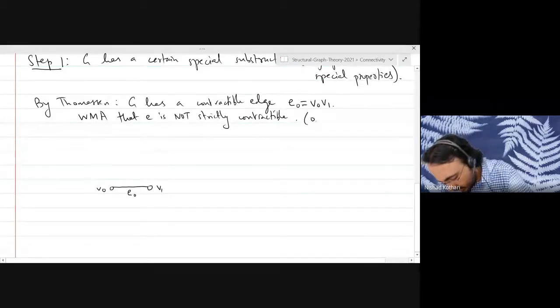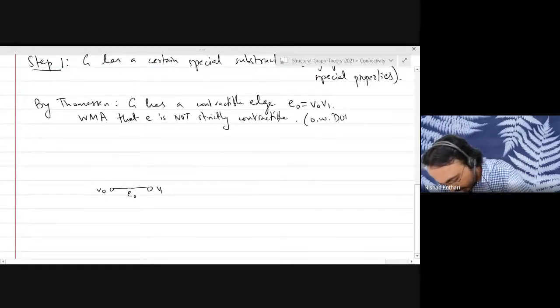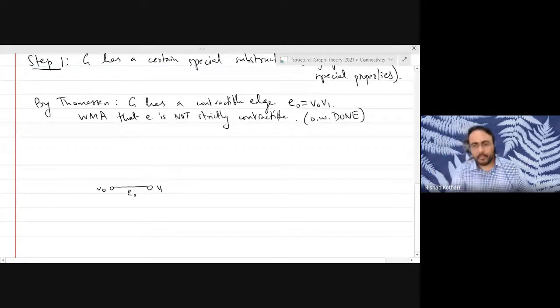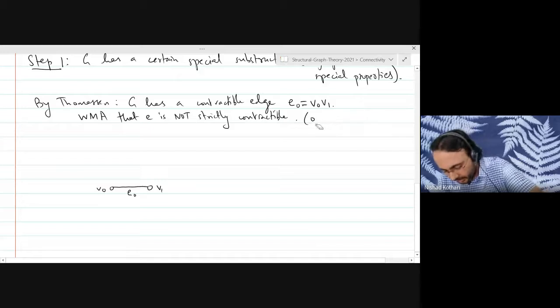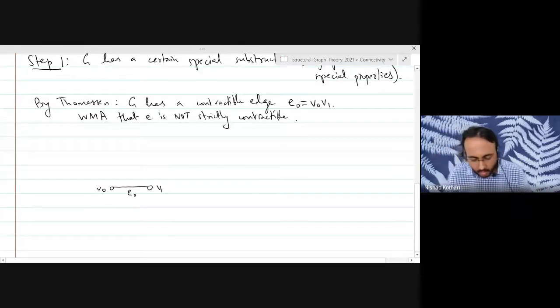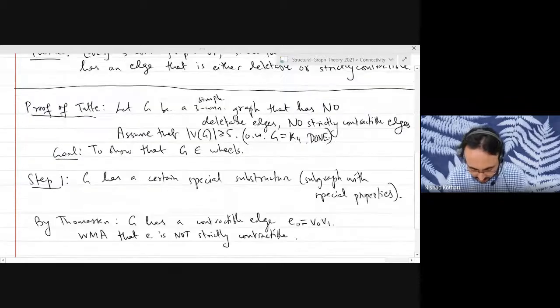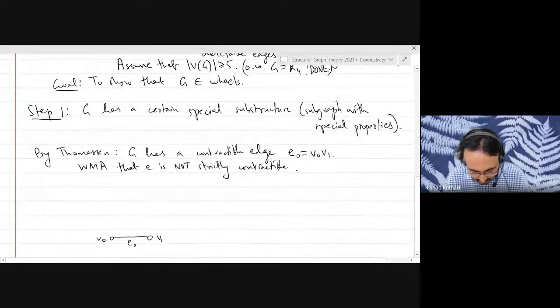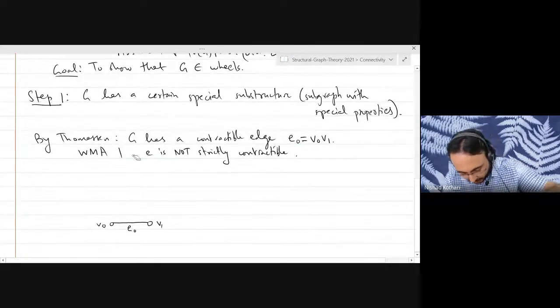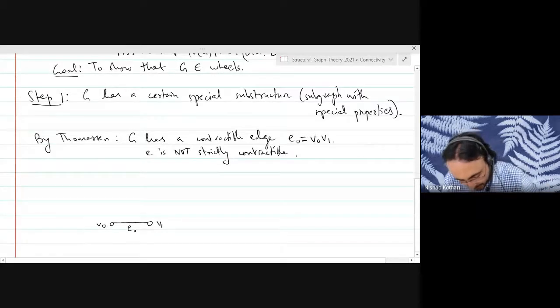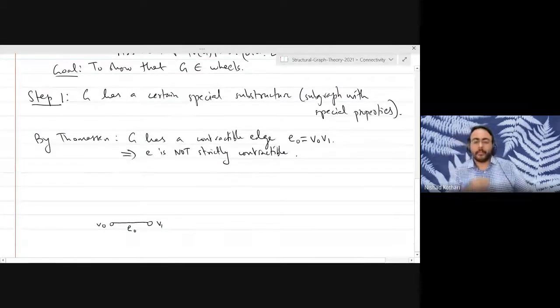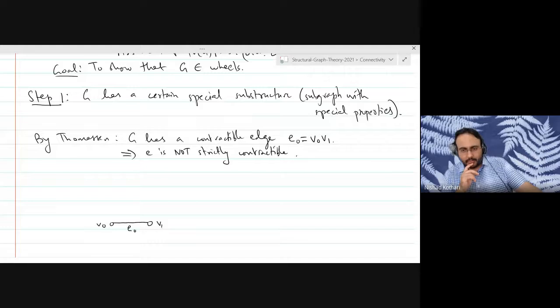Otherwise, actually we get a contradiction, because we assume that all the edges are not strictly contractible. So the way I am writing it, it's not a contradiction, it actually follows by our hypothesis. Sorry. Okay. Is everybody with me? What does it mean for the edge to not be strictly contractible? Can somebody tell me what this implies?